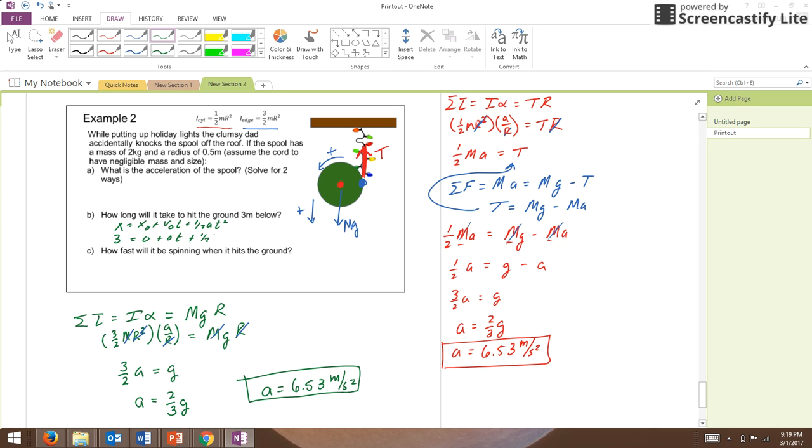Put in your acceleration there and solve for t. So that one would be pretty easy. For the other, you could just use the other kinematic equation, where you're solving for v. And once you have v, simply put it into omega is equal to v divided by r, and that would turn it into radians per second for you.